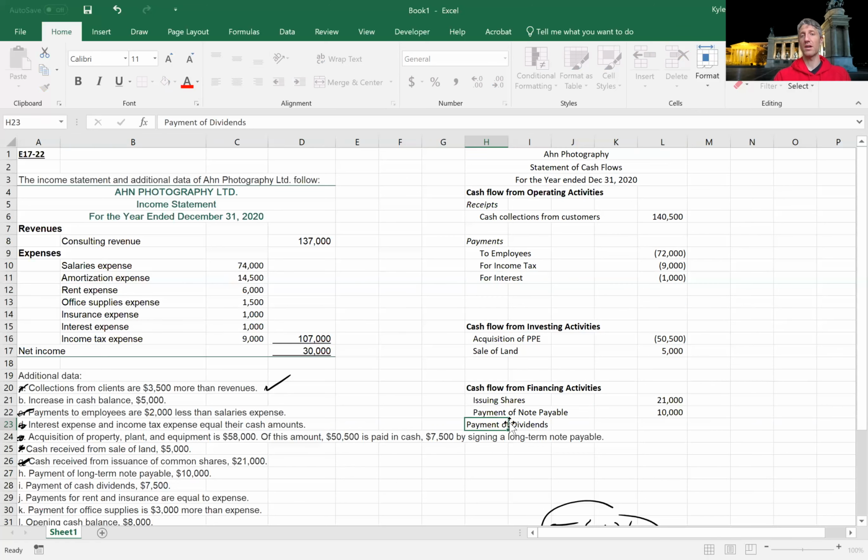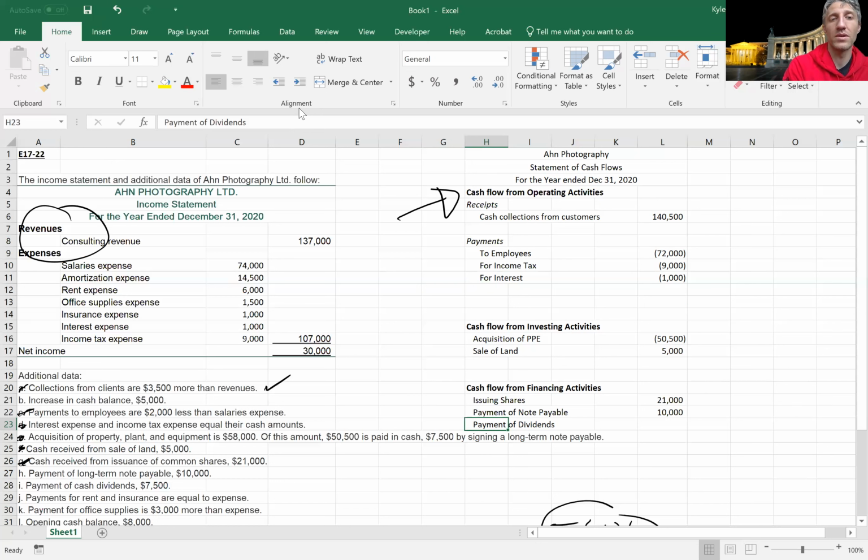Now, dividends are kind of a tricky one for many students because dividends received are categorized under the operating activity section. Why? Well, dividends received is really another form of revenue, so it would be included in net income. Anything that's included in net income is already going to be reflected in the operating activity section. So we categorize dividends received as an operating activity.